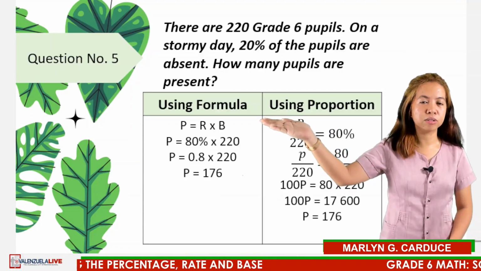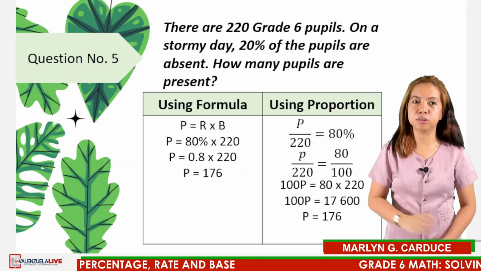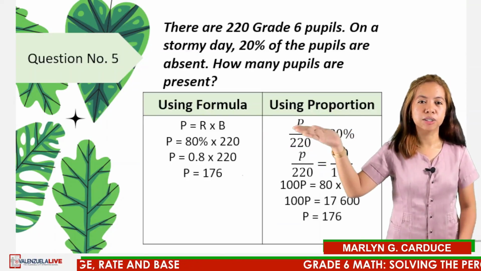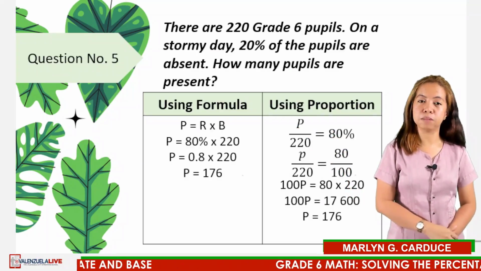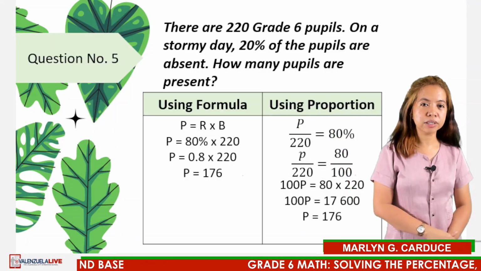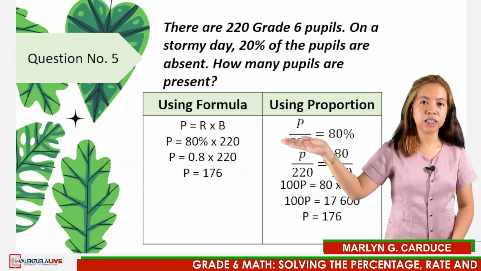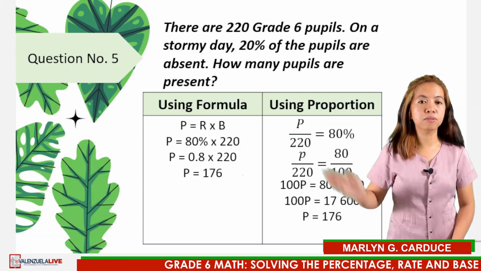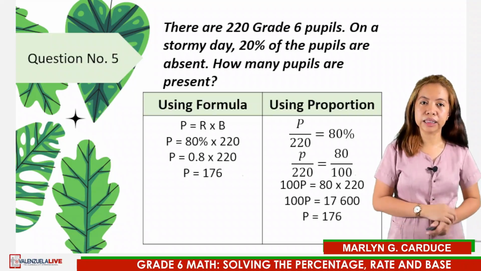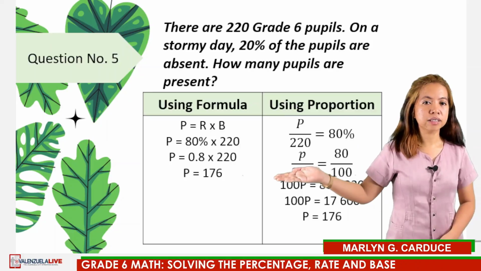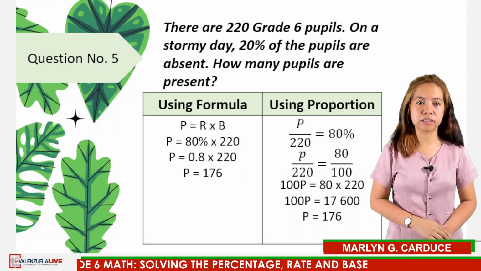The first one is using the formula and the other one is using the proportion. Using the formula, percentage is equal to rate times base. So just multiply 80% by 220. And then change 80% into decimal form, and that will be 8/10 times 220, and the answer is 176.